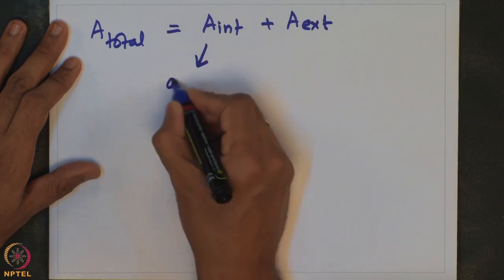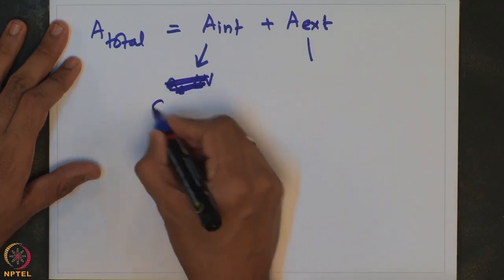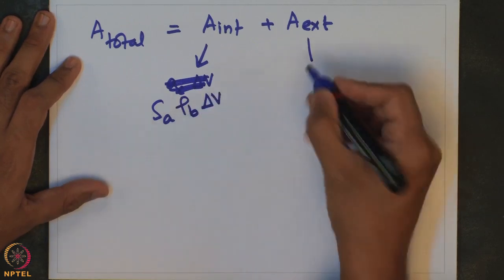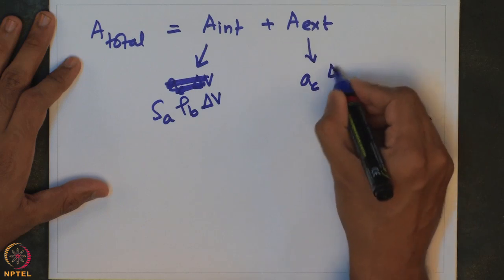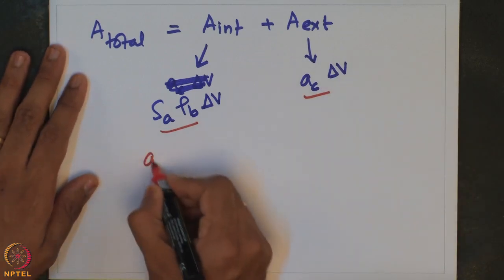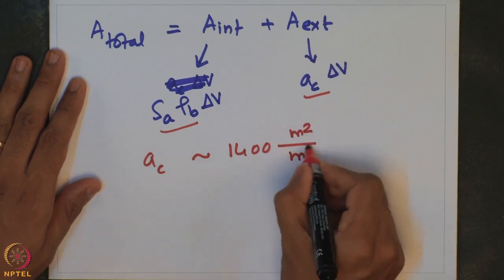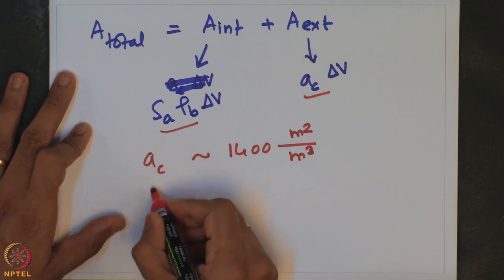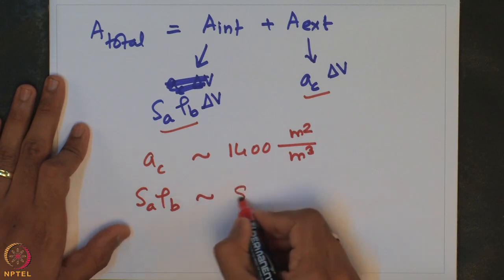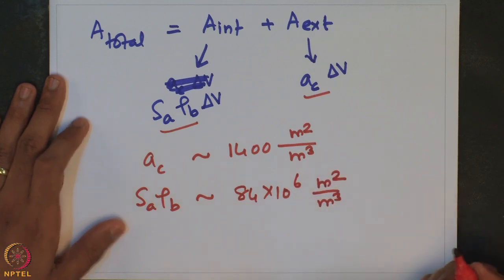The internal area is given by SA, which is the active surface area per gram of catalyst, multiplied by the bulk density into delta V, and the external surface area is given by AC into delta V. We looked at the numbers for these two for a typical catalyst, and we saw that AC is typically of the order of magnitude of 1400 meter square per meter cube of the reactor volume, and SA rho B is of the order of magnitude of 84 into 10 to the power of 6 meter square per meter cube of the reactor volume.